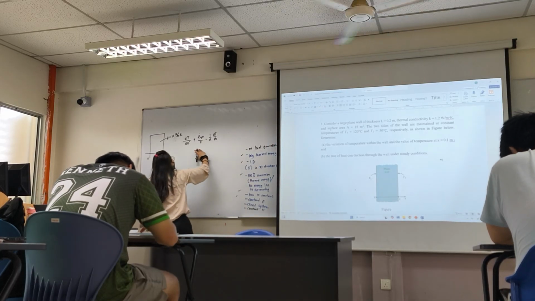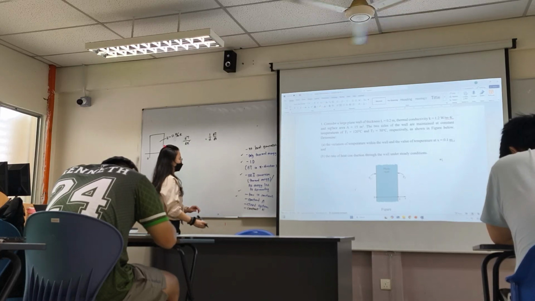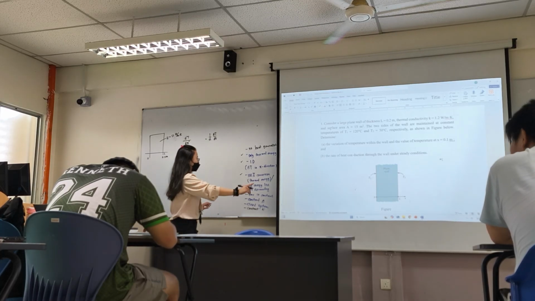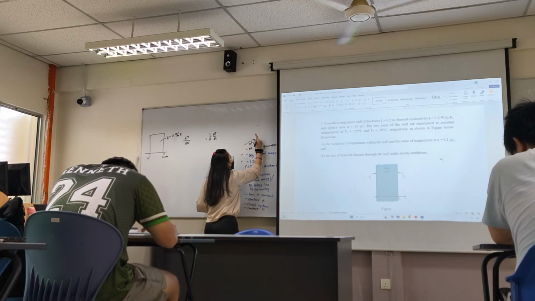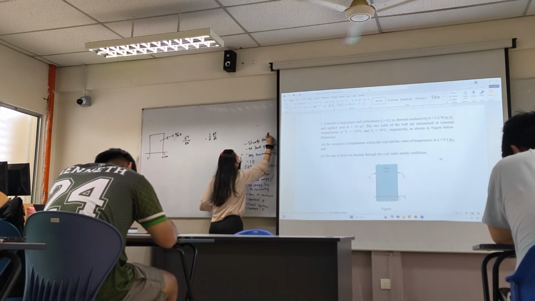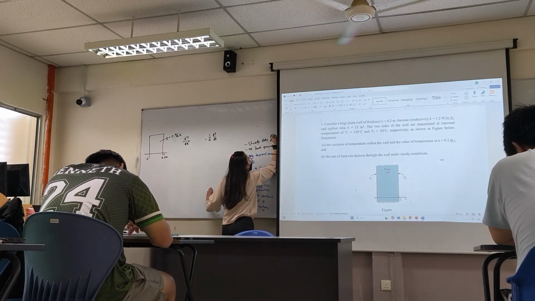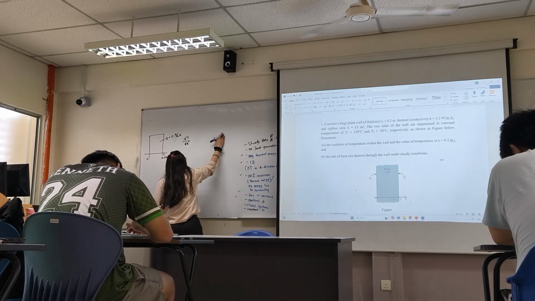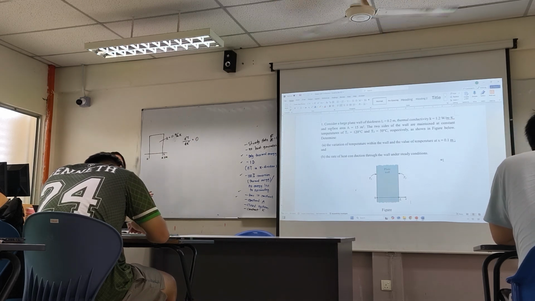So this one equals to 0. They say this is the steady state. So steady state, so dT over dt equals to 0. So simple.